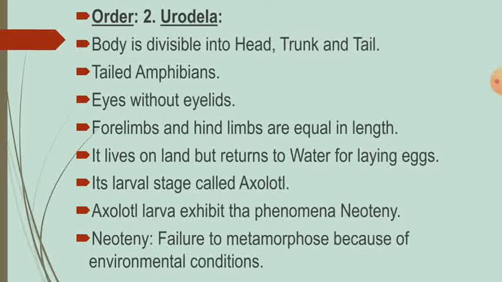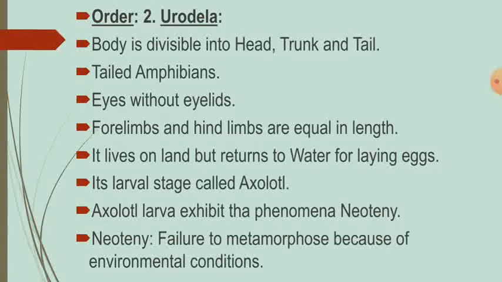In the case of Apoda, sensory tentacles are present, but in Urodela there are no sensory tentacles on the head. Gills and gill slits may persist in the adult. They are present in the larval stage and may persist in the adult stage.